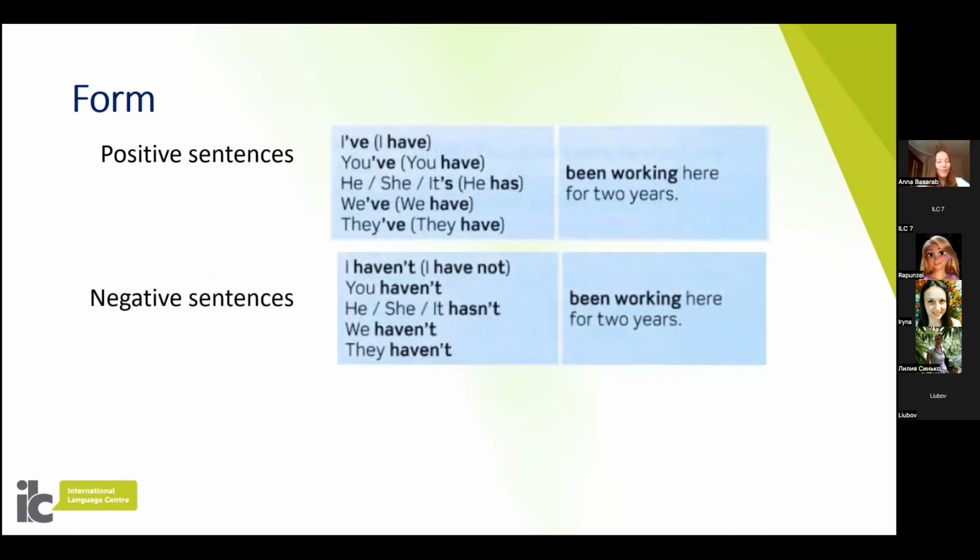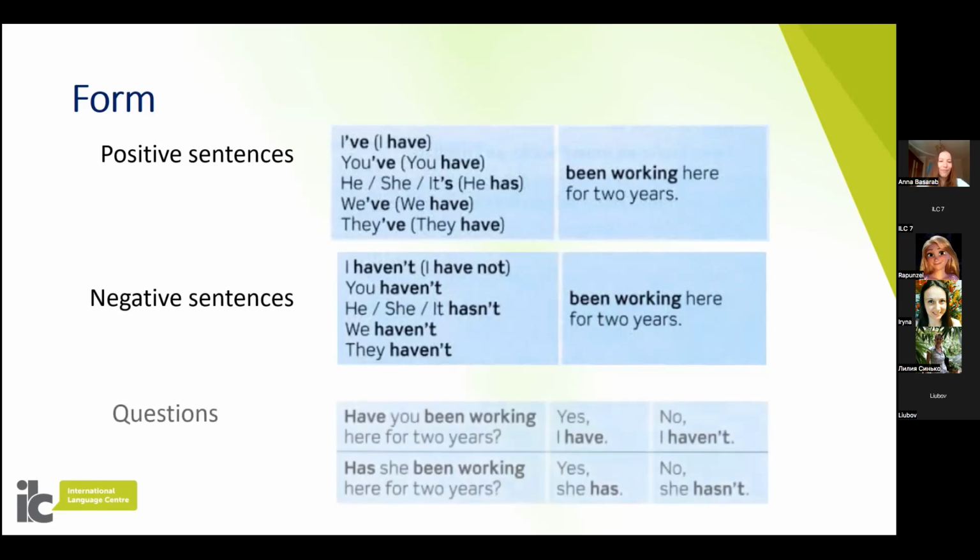Negative form, we just basically add not to have or has and still keep been verb ing. For question form, we put have or has before the subject, and after the subject we use been plus verb ing.